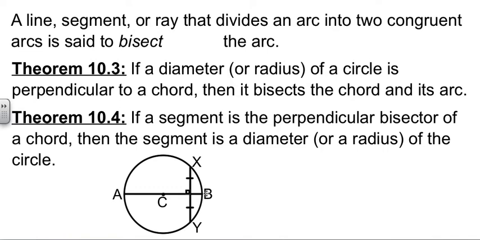And the opposite is true. If this thing is the perpendicular bisector of a chord, then that makes it a diameter. If you see a diameter, or for that matter a radius, perpendicular to a chord, then it's going to bisect the chord. If you see a radius bisecting a chord, that's going to tip you off that it's perpendicular. That's what these two theorems together tell you.